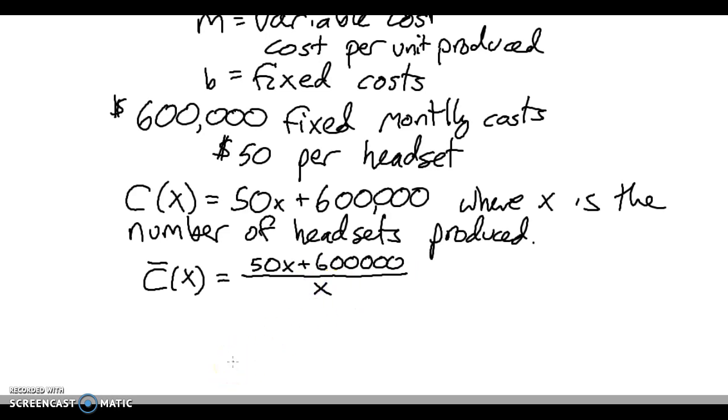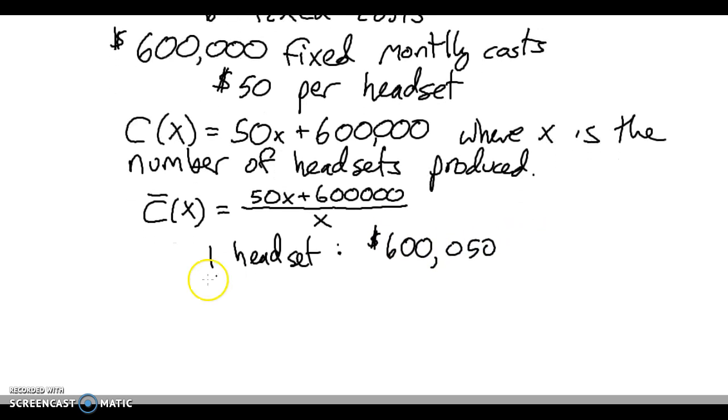And from the two things I've stated, that seems to make sense. If we only produce one headset, then that headset cost $600,050. Let's write that down. That's a lot to spend on one headset.